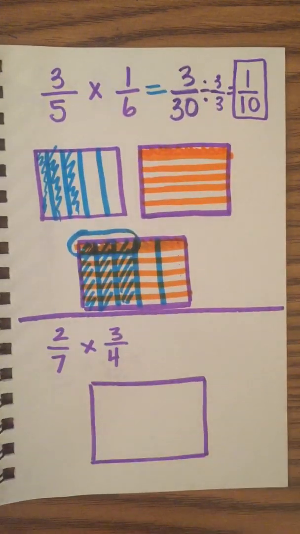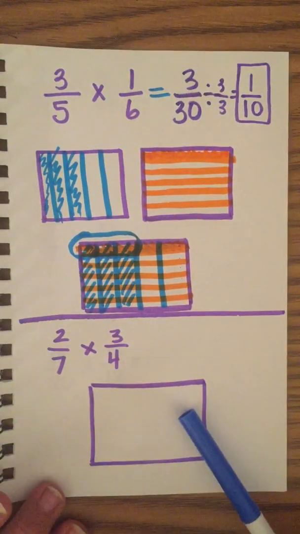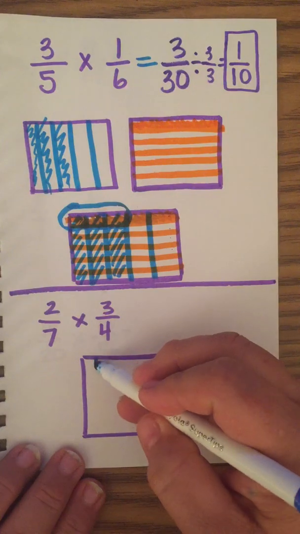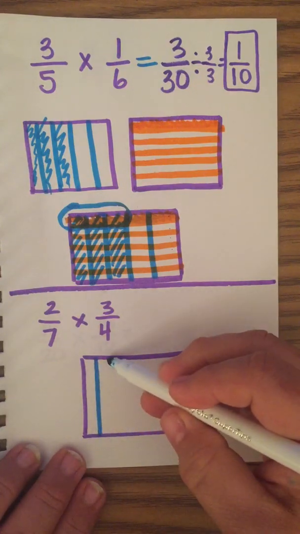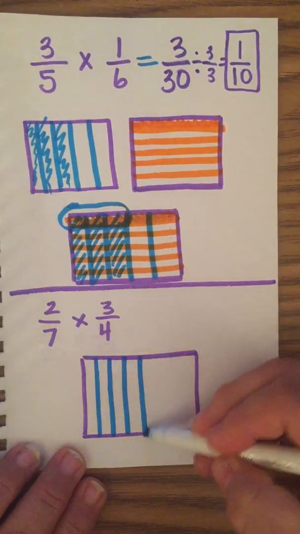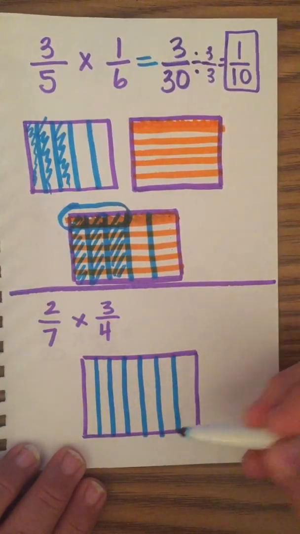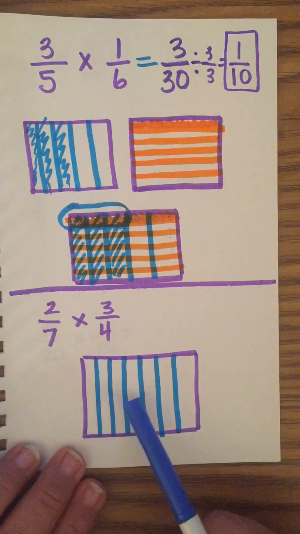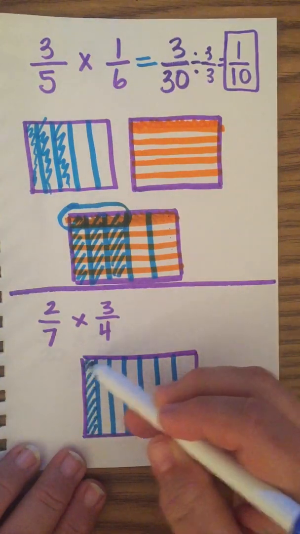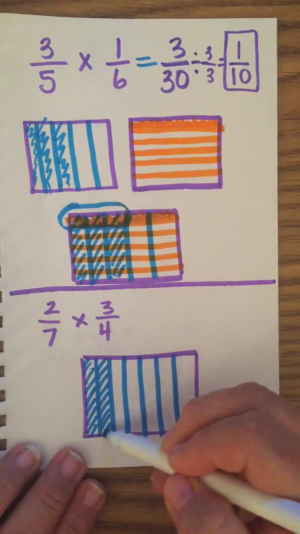Okay, I'm going to do another one down here, and I'm just going to use one area model. So I'm going to shade in 2/7. So I'm going to draw 6 vertical lines to put this shape into sevenths. 1, 2, 3, 4, 5, 6, 7. And I'm going to shade in 2 out of the 7.